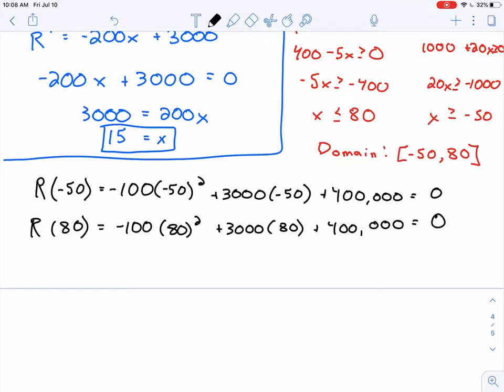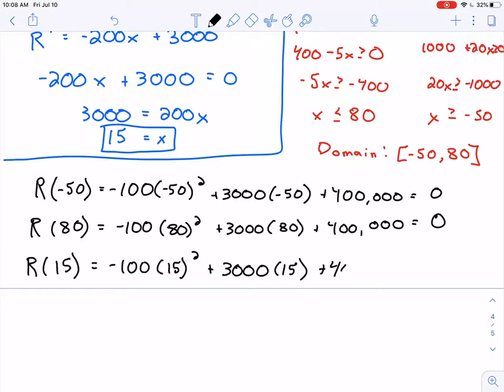Well, that's no good. Hopefully 15 will give us a positive revenue, because that's really what I would like at the end of the day. So negative 100 times 15 squared plus 3,000 times 15 plus 400,000.